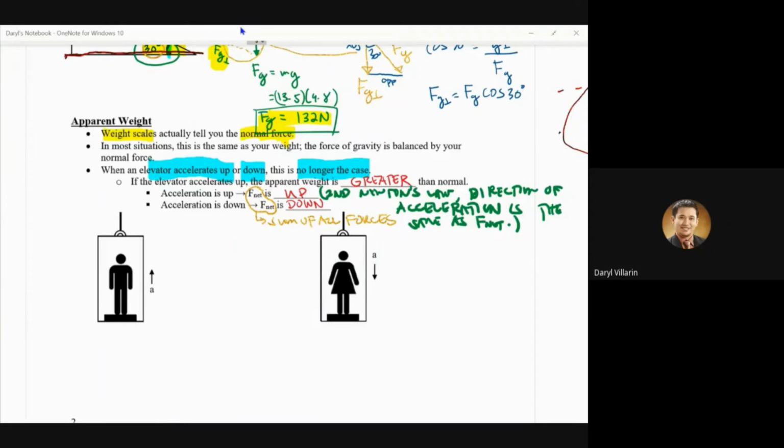So I'm going to show you a particular video. If you have a chance, make sure that you are not disturbing others. If you live in a high-rise building, you can try this out. I tried this last night.